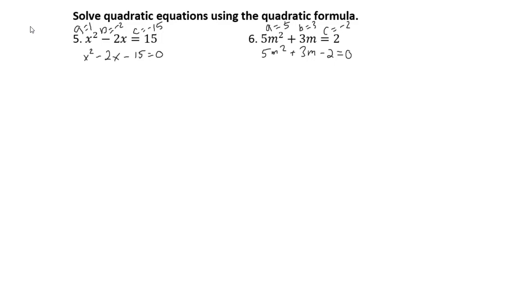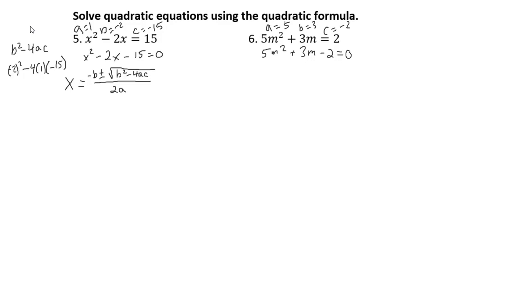So now that we have all that, let's go ahead and plug into our quadratic formula, negative b plus or minus square root of b squared minus 4ac all over 2a. I'm going to calculate that discriminant first, the b squared minus 4ac, and that would be negative 2 squared minus 4 times 1 times negative 15.